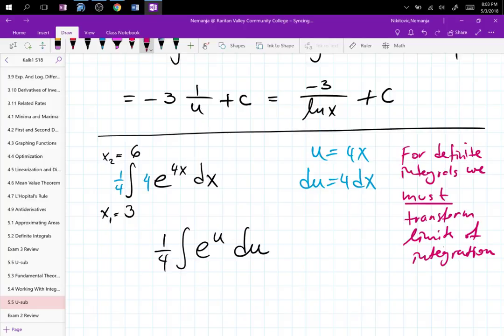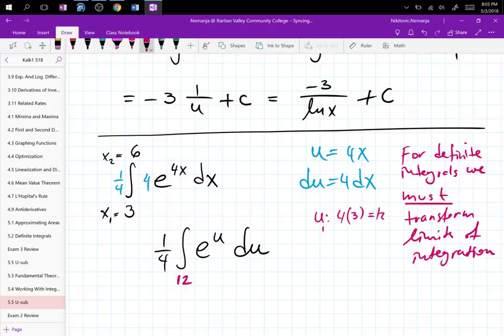Now that's a very straightforward procedure. You just take the numbers one by one and plug them in your substitution equation, because your substitution equation is the link between the x dimension and the u dimension. So looking at the equation up there, for u1, which is the lower limit, I have 4 times the old x, which is 3, so it's 12.